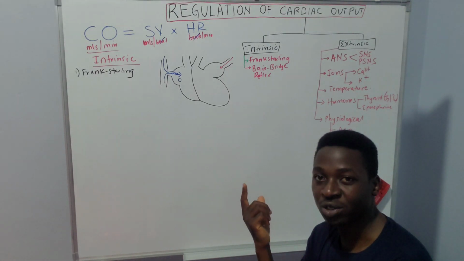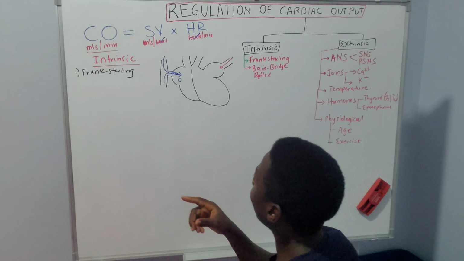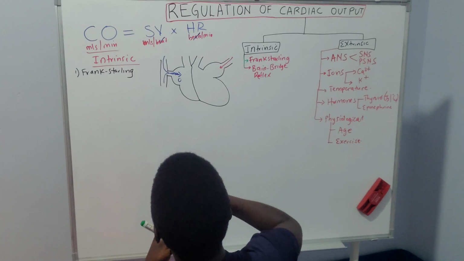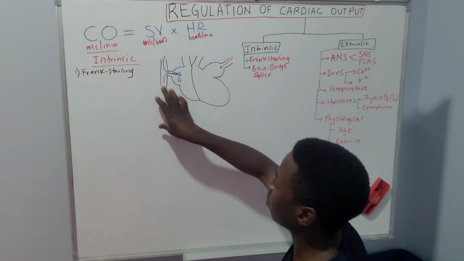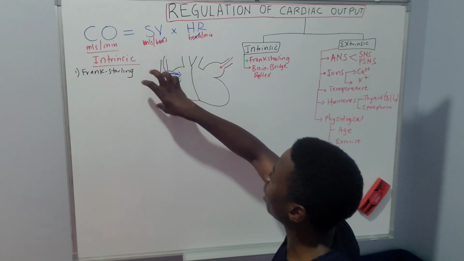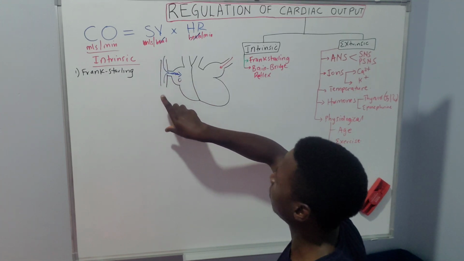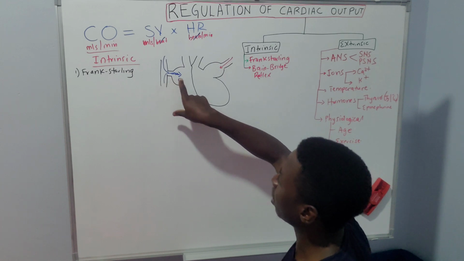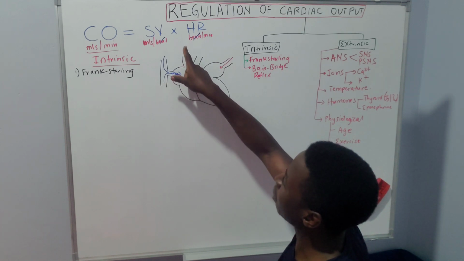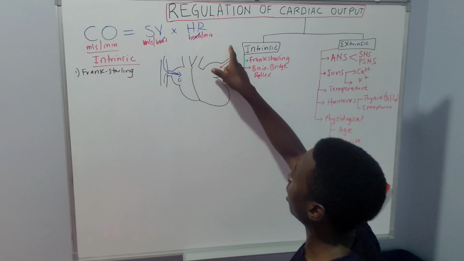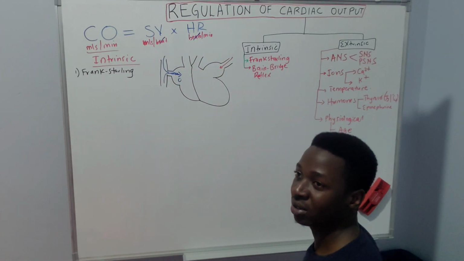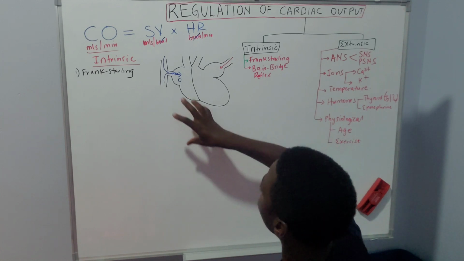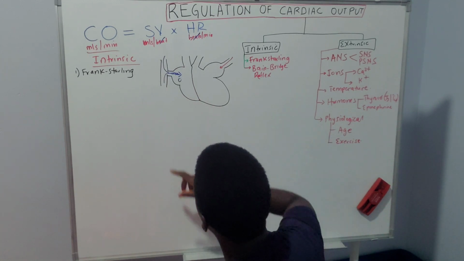This is the concept I'm trying to introduce, the venous return, implying that the biggest contribution of venous return will actually be coming from the right side. All the blood returning to the heart from the body will come to the right side, obviously pumped to the lungs and then channeled back to the left side through the pulmonary vein. So you see there's a big proportion of this blood that is returning.